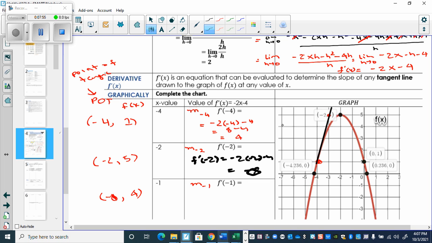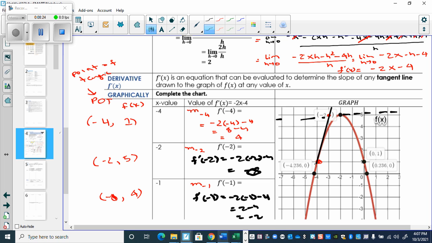That means it's going to be a horizontal line at this particular point. And here's my horizontal tangent. Pretty easy right there. Here I have f prime of -1, and I get -2 times -1 minus 4, or 2 minus 4 equals -2.